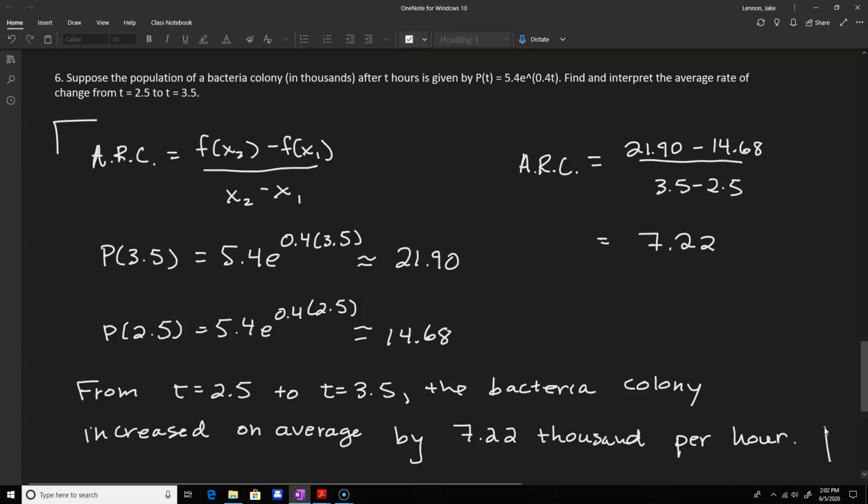Remember, the average rate of change, just like a slope, is always interpreted as a rate, so it's the units of the output per units of the input, and that's what gives you the rate.